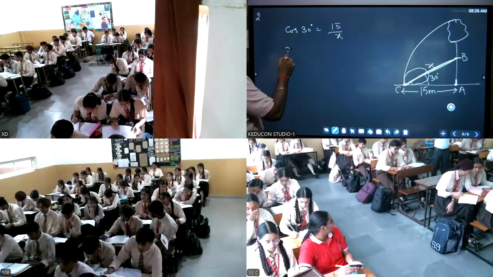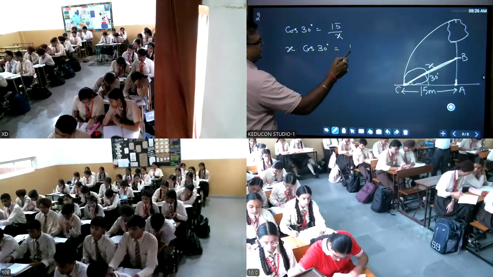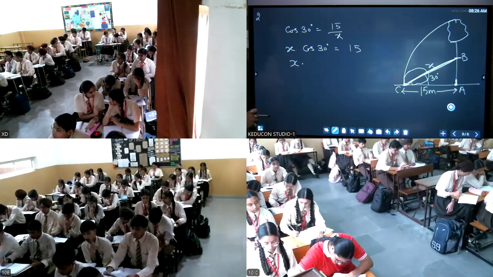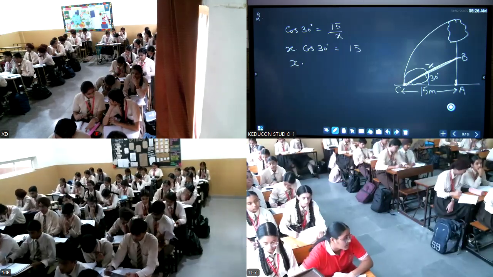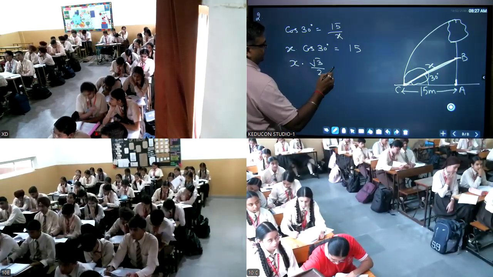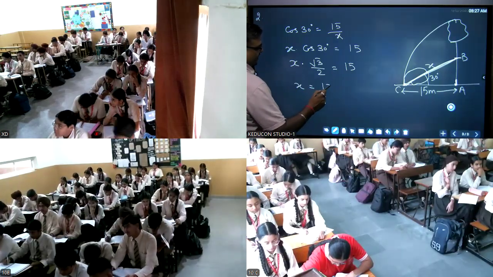So x cos 30 degree is equal to 15, and what is the value of cos 30 degree? Root 3 over 2. So x will be equal to, cross multiply.